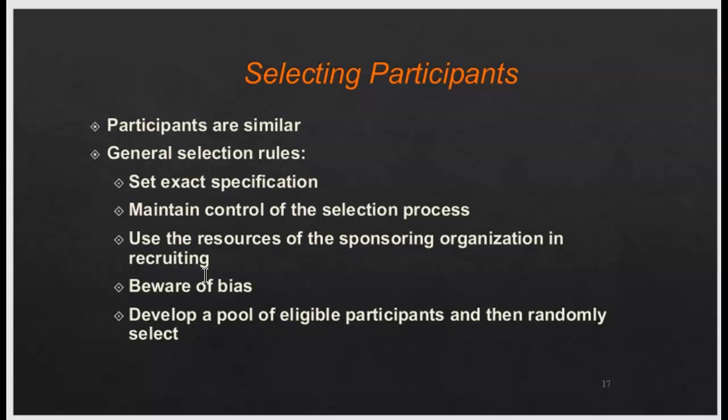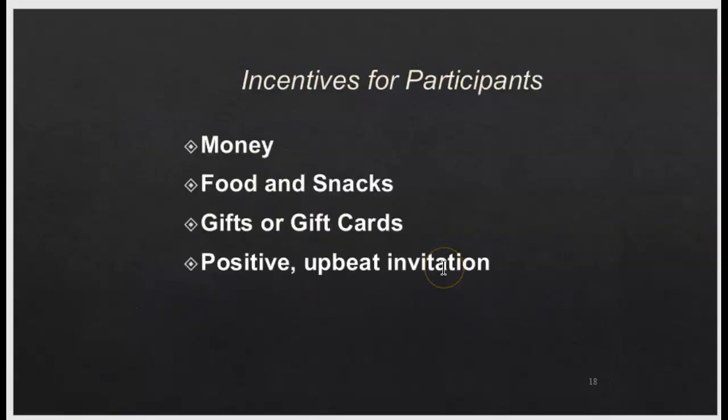And be careful when you're selecting that pool that you make sure that there's no bias going into that selection process. Ultimately, you want to have a pool of many participants that you can then randomly select. So if you were to have 30 participants and you randomly select 10 to be in group 1, 10 to be in group 2, and 10 to be in group 3, then you have your 3 constructed groups.